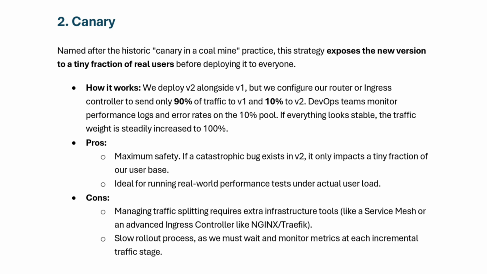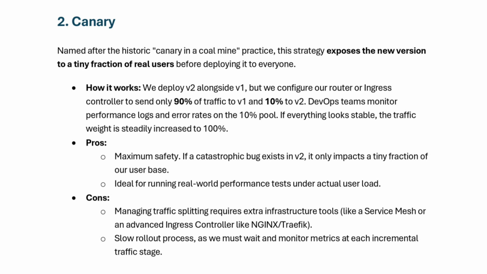Canary deployment strategy is one of the most reliable strategies in production, meaning if a catastrophic bug exists in version 2, it only impacts a tiny fraction, that is 10% for example, of our user base initially. So we can fix it ASAP, and it is ideal for running real world performance tests under actual user load.